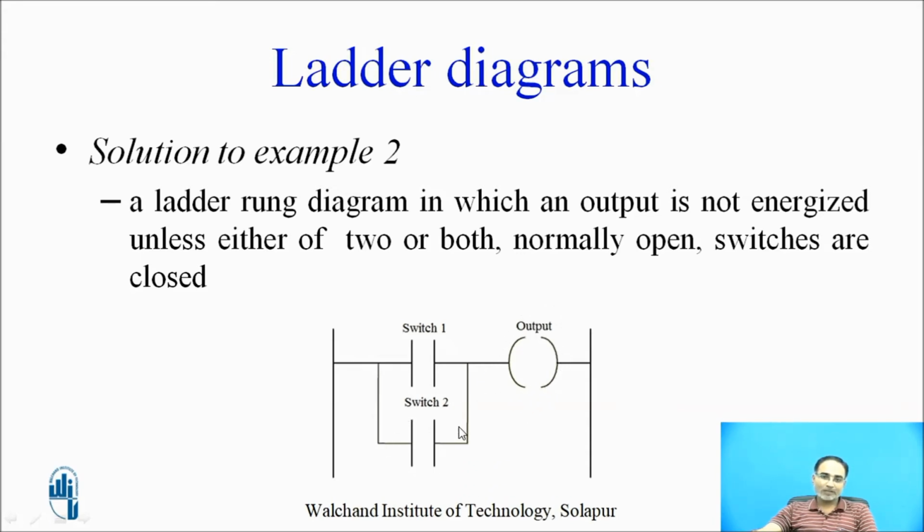If switch 2 is energized, in this case also the output coil will change from off to on state, as there is a path between these two power rails. So these are the two simple logical operations, AND and OR, which we have implemented; we have drawn two rung diagrams for these two.